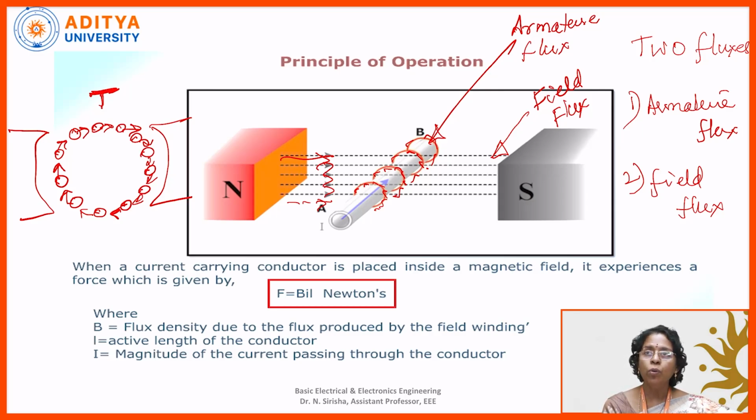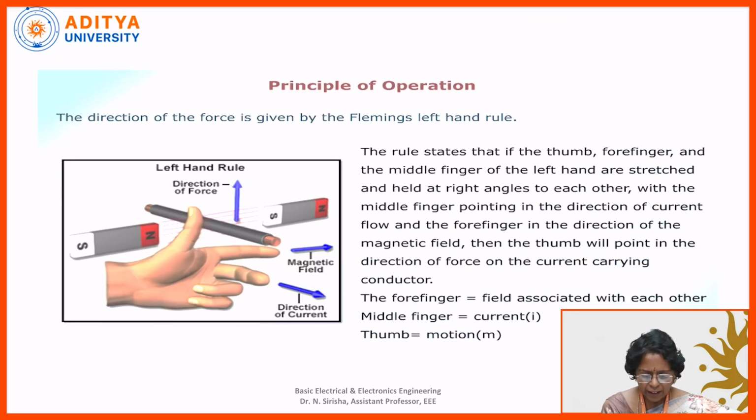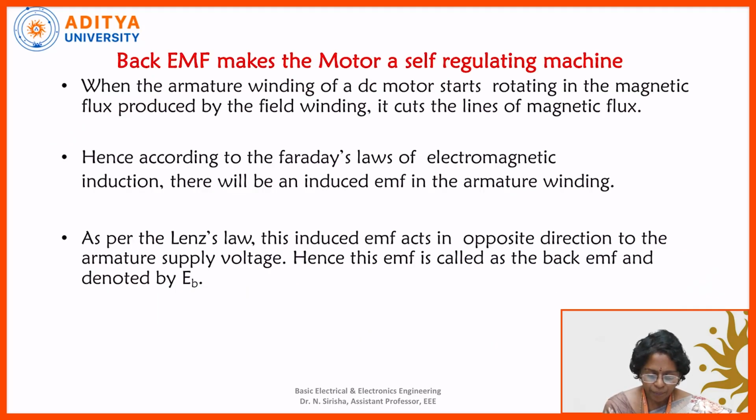The direction of the force on the conductor is given by Fleming's left hand rule. That is how the motor starts rotating and torque is formed. This shows the three fingers representation for Fleming's left hand rule.